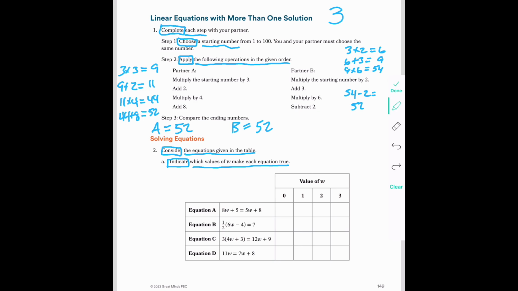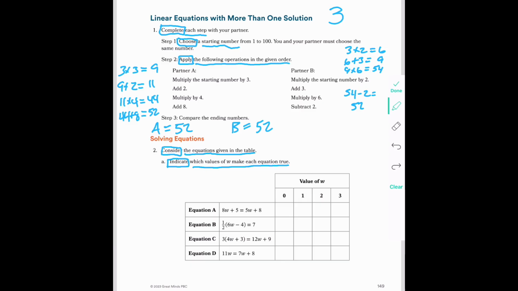So I can make this really simple for you guys. With this table, they're giving us an answer for the variable for each equation, for equation A, B, C, and D. It's our job to go in and check and see if it works.